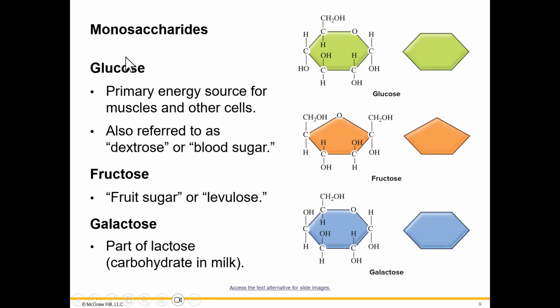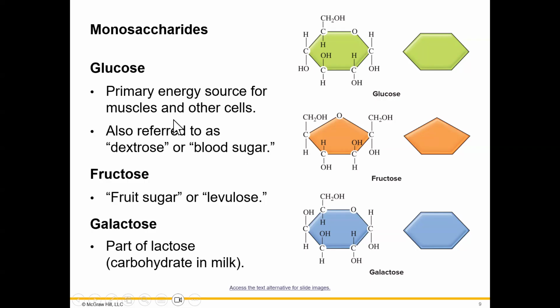So let's begin by talking about your monosaccharides. These are the simplest form of your simple carbs, and you have glucose, fructose, and galactose. When people think of sugar, they often think of glucose, often referred to as blood sugar, or high blood glucose.